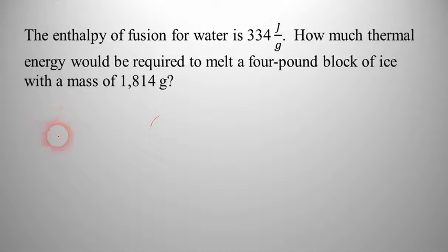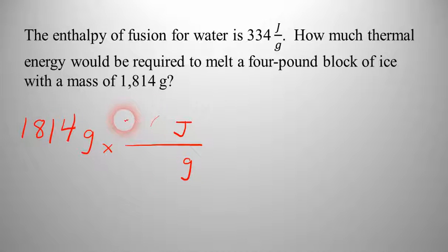This is just a simple dimensional analysis problem. We're going to take the mass of the block of ice, 1,814 grams, and convert that to joules using the enthalpy of fusion. So it's joules on top, grams on the bottom, and it's 334 joules required to melt every 1 gram of the ice.